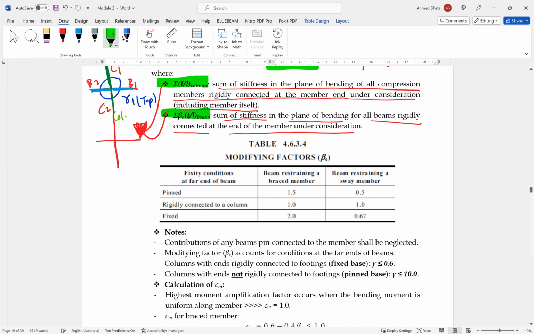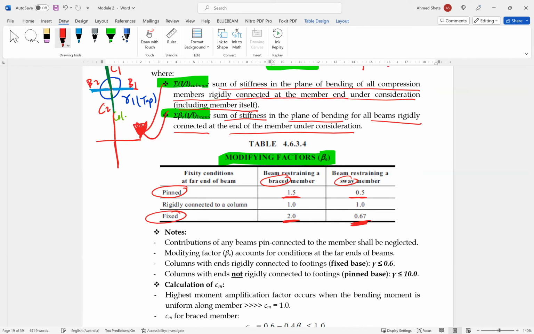And here are the values of beta E. For pinned, it is 1.5 for braced and 0.5 for sway. For fixed, it is 2 for braced and 0.67 for sway.